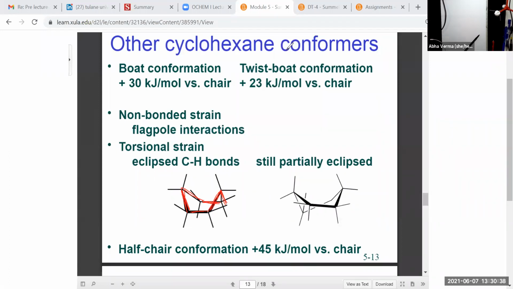And from this cyclohexane, we see flagpole interactions. So just like on the top of the castle, you would plant a flag. These flags are again V-shaped. Why are they V-shaped? Remember, this carbon right here is tetrahedral. This carbon right here is tetrahedral.